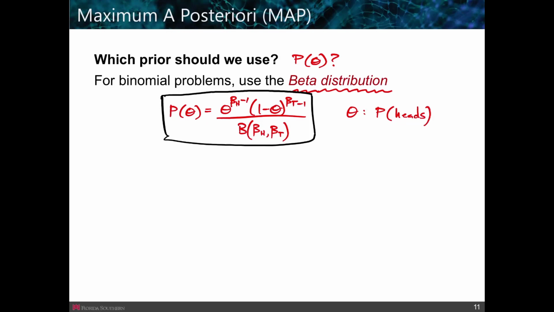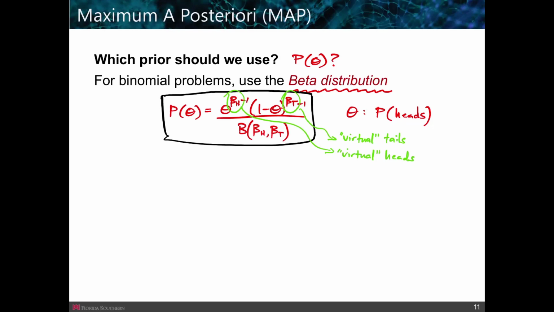Okay, and it's equal to theta to the power of beta h minus 1 times 1 minus theta to the power of beta t minus 1, divided by some factor. We just call it b. That's a function of beta h and beta t. If you really care about that, it's some really complicated integral. But the thing I want to highlight here on this slide are the beta h and beta t. These are like virtual coin flips.